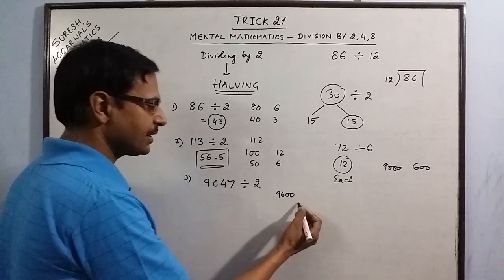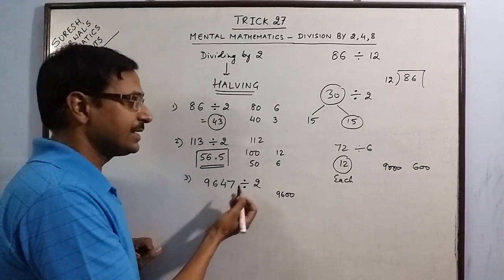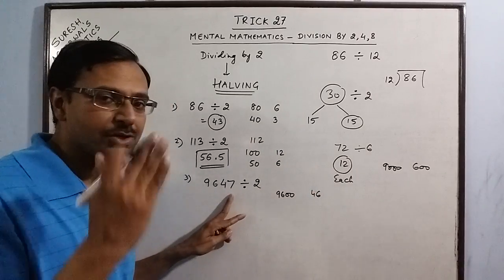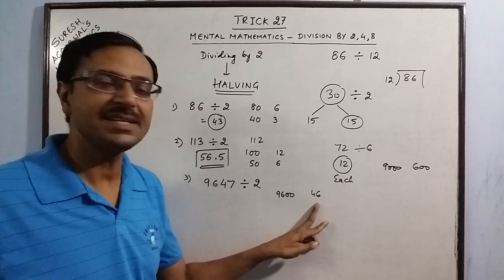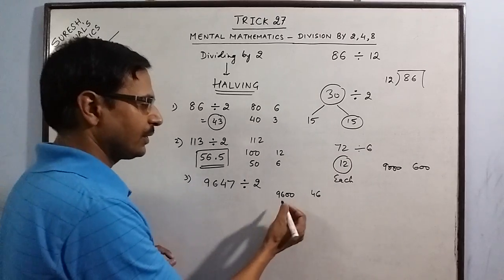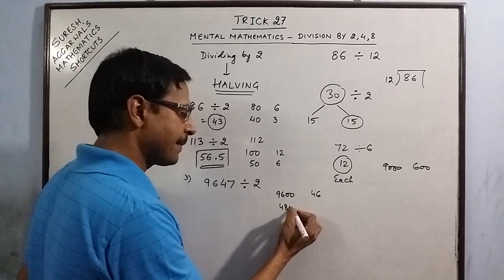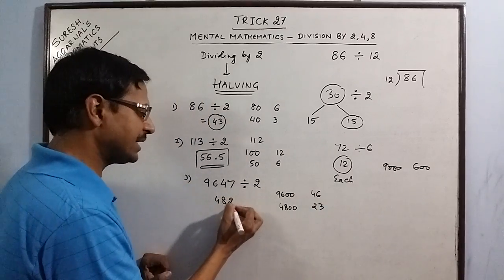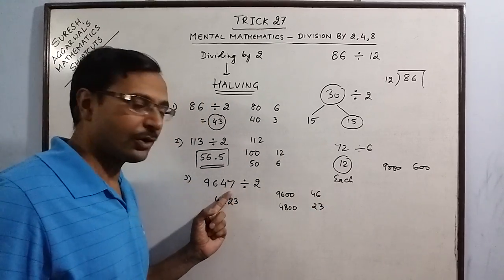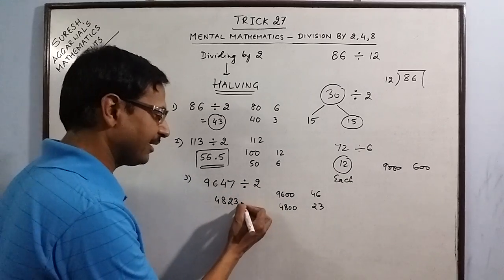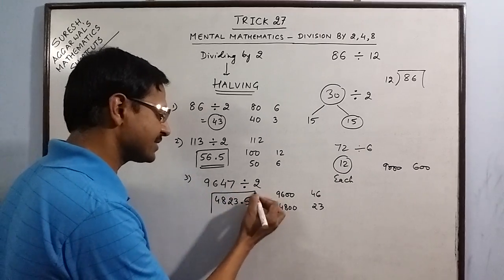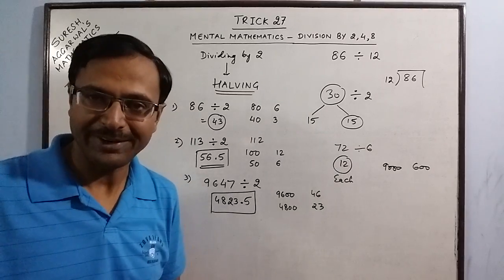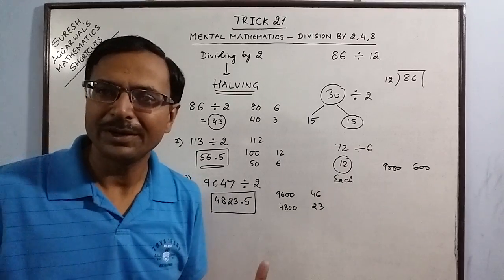So 9646. Why? Because this is an odd number 47, so I reduce it by 1, 46, so that it becomes easier to half. So now 4823, and I forgot 1 here, so 0.5 I have to suffix after this number. So my answer is 4823.5. See, isn't that wonderful?